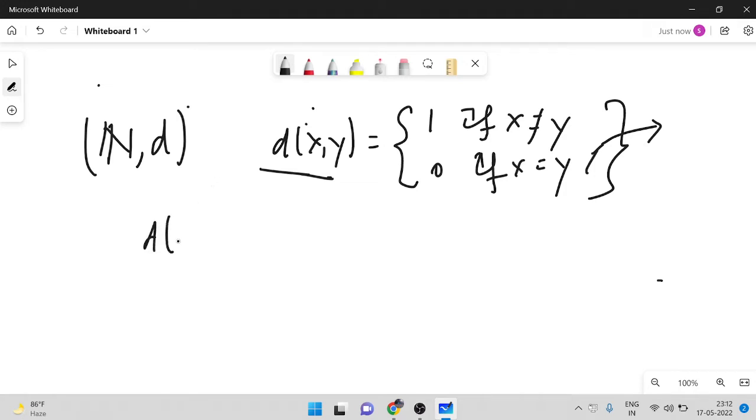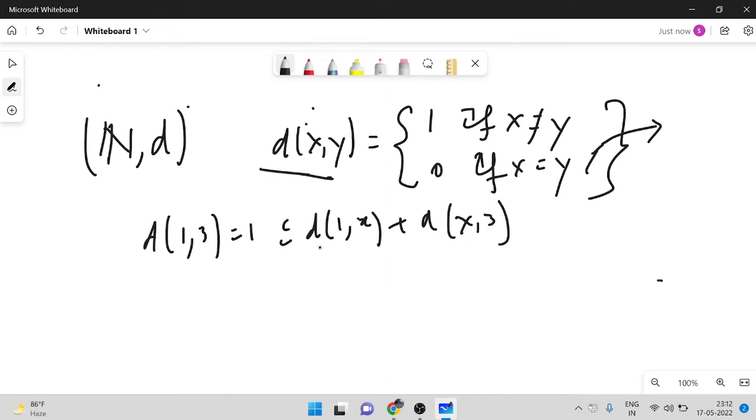d of 1 comma 3, which is equal to 1, is less than or equal to d of 1 comma any arbitrary natural number x, plus d of x comma 3.